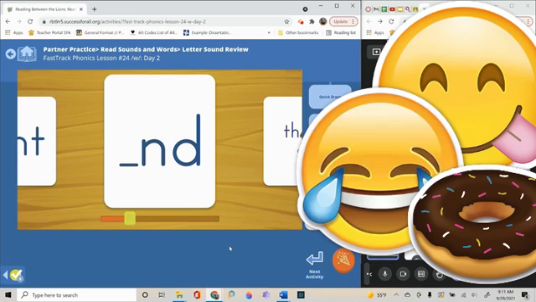If you think of one, raise your hand. And I mean the little hand icon because I can't see all of your hands, okay? So hit that little hand button down at the bottom. If you can think of a word that ends with "nd," we did these the other day. Mason, what do you have?